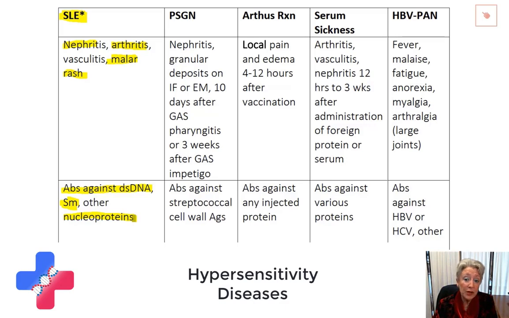So there has to be an inciting event that causes inflammation and death in a tissue, which is then followed by the debris of that tissue being liberated and eligible for antibodies to be made against it.